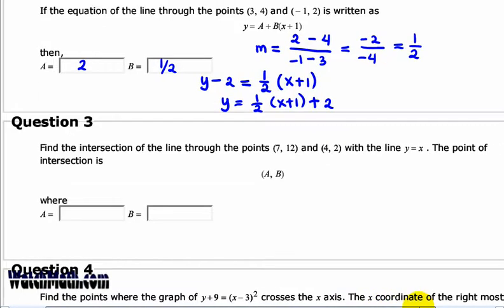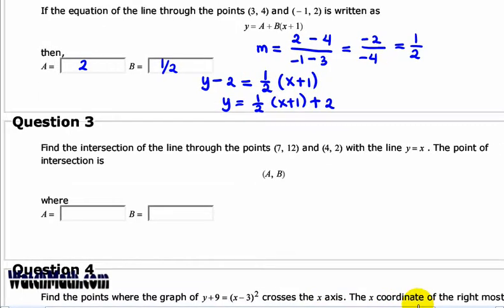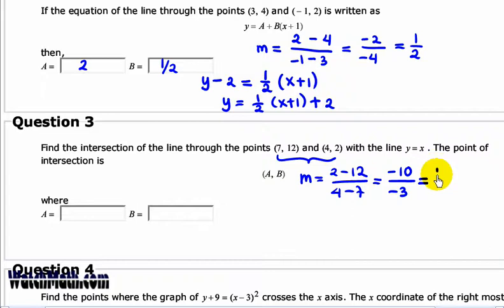Okay, question number 3. We want to find the intersection of the line through the given 2 points and the line y equals x. So first, as we did before, we find the equation of the line passing through these 2 points. First find the slope, change in y, 2 minus 12 over 4 minus 7. If we simplify, we have -10 over -3, which is equal to 10 over 3.